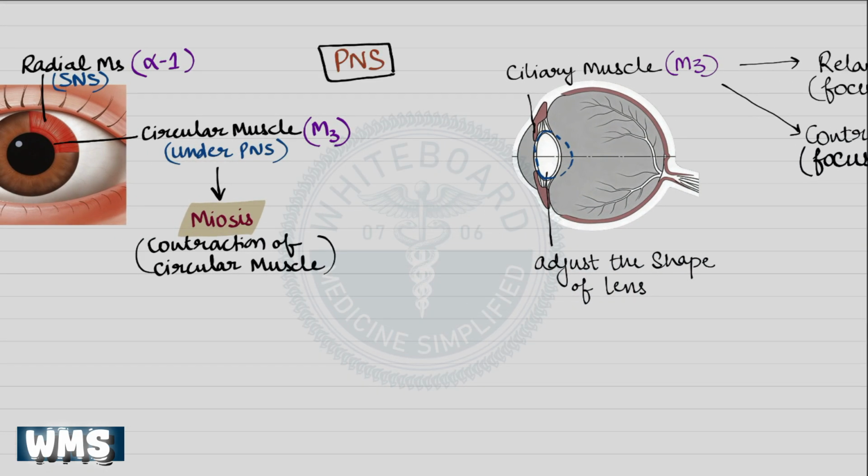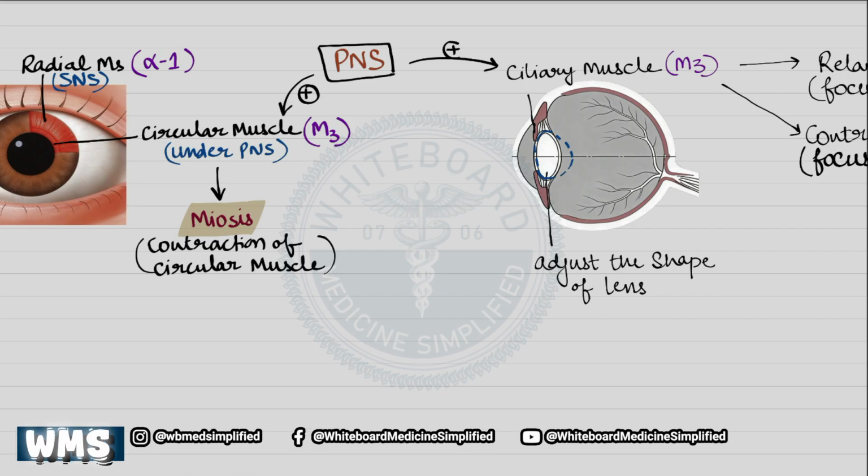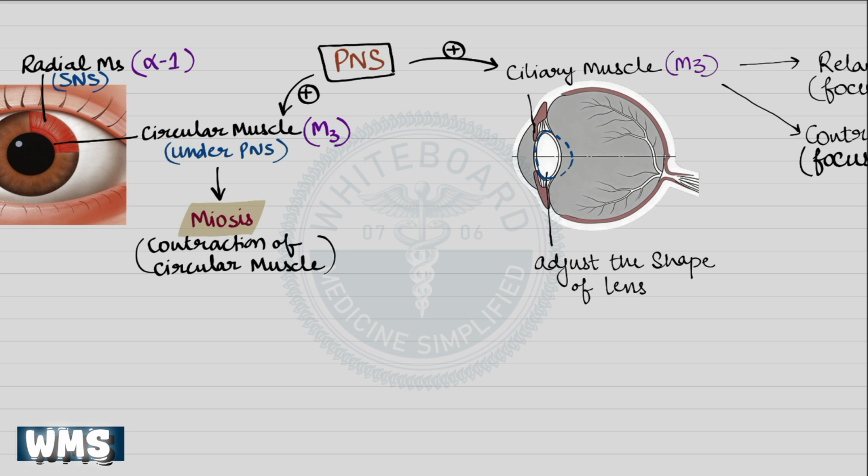So during parasympathetic stimulation, the sphincter pupillae muscle contracts, producing miosis and reducing the amount of light entering the eye. At the same time, the ciliary muscle also contracts, changing the lens from a flat to a more rounded shape, allowing light to fall properly on the retina and enabling clear near vision.